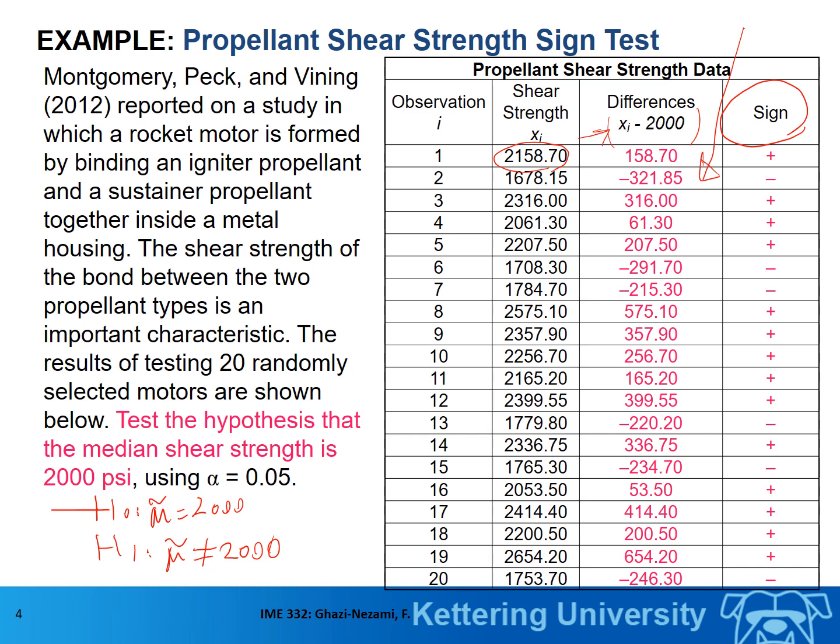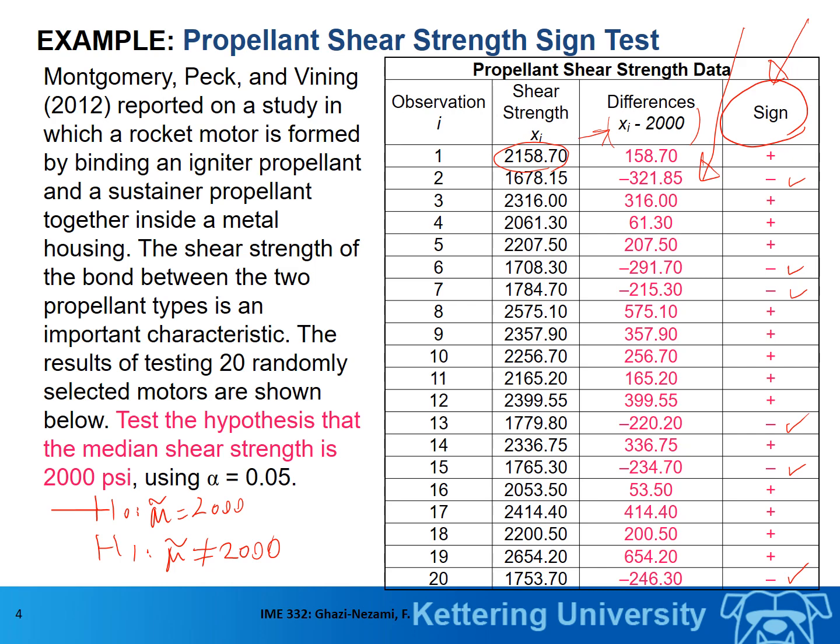All I care about is the number of positive differences and the number of negative differences. For example, you can see that among these 20 differences, 1, 2, 3, 4, 5, and 6 differences are negative, and of course the remaining 14 differences are positive.